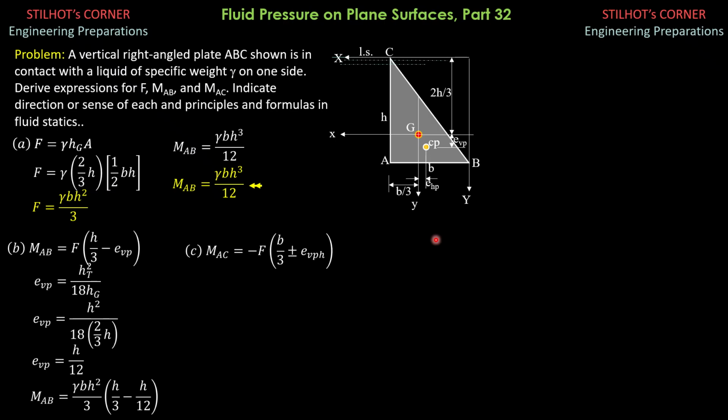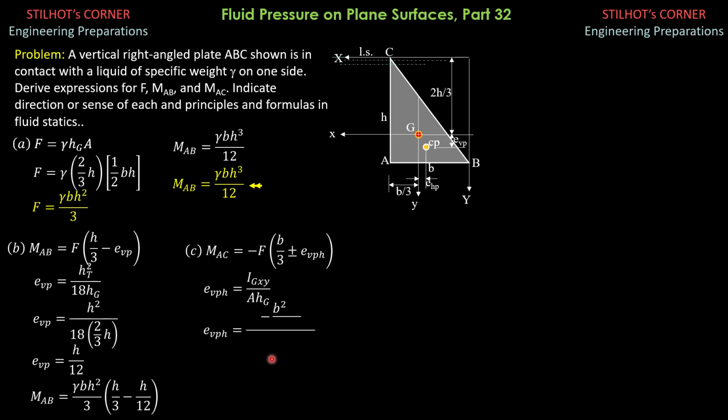It is equal to IGXY over area HG, and IGXY in this case is, imagine this is the centroid, and most area lies in this quadrant, which is second and fourth, so it is negative B square H square over 72.